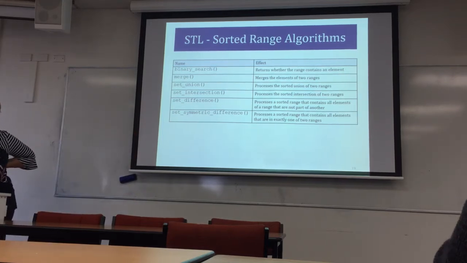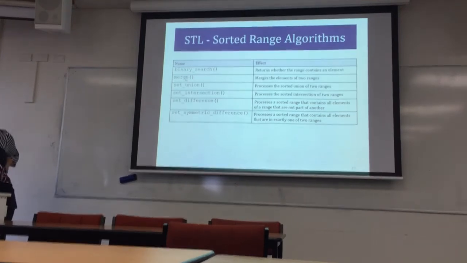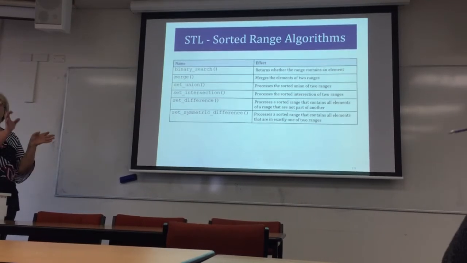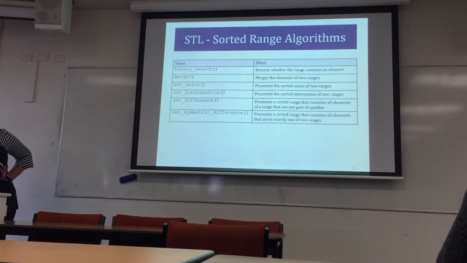You know, this binary search is one of the fastest searching algorithms you can have. Merge merges the elements of two ranges, right? It is a classical approach for sorting data. Merge sort is called.